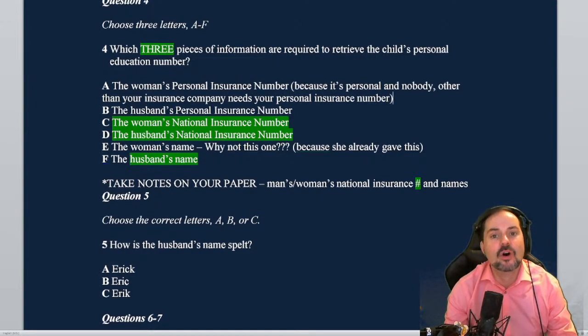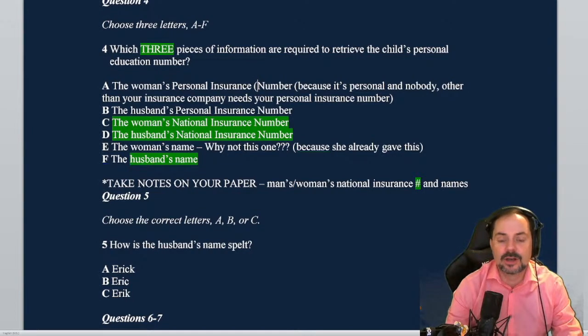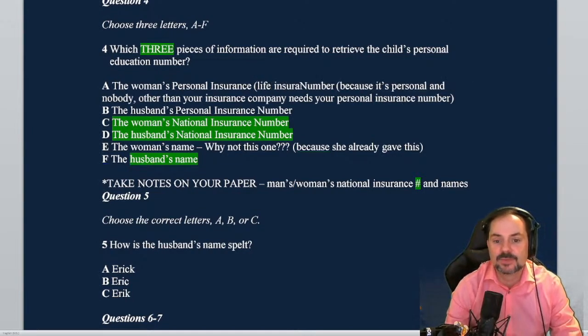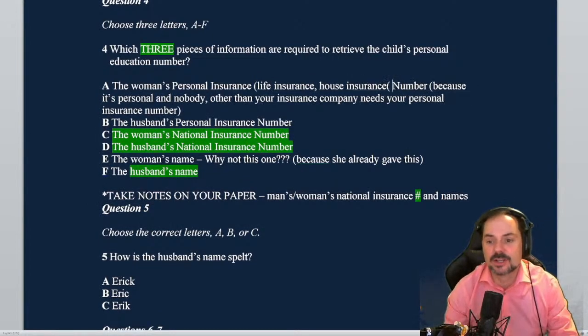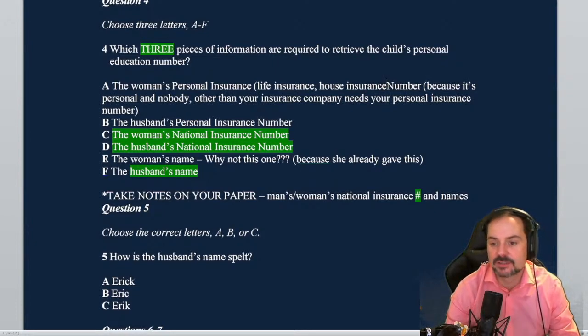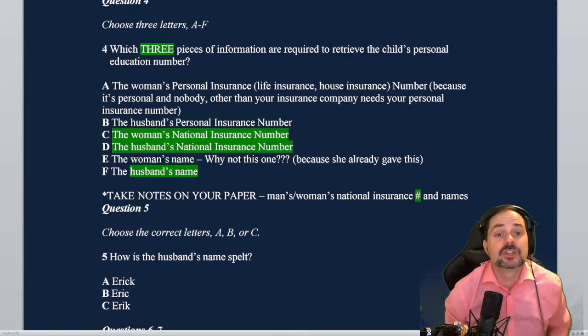Okay, so only your insurance company. Personal insurance means like your health or life insurance or house insurance. Okay, that's what a personal insurance number is. The school's not going to ask you for your house insurance number to register your child.